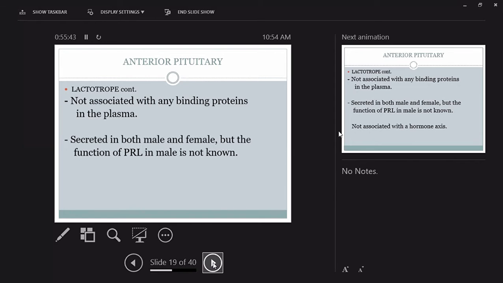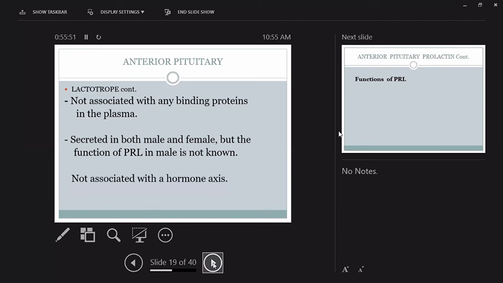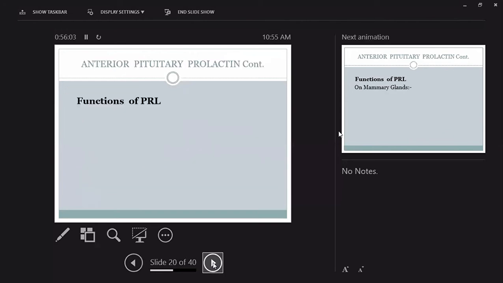It is secreted in both male and female, but the function of prolactin in the male is not known. Yet, perhaps you will be the one to do the research on this. It is not associated with a hormone axis.